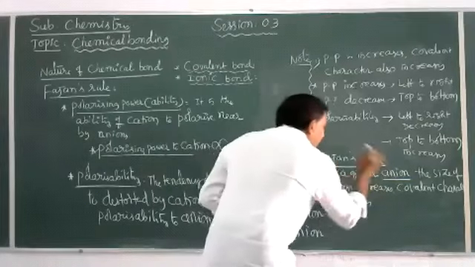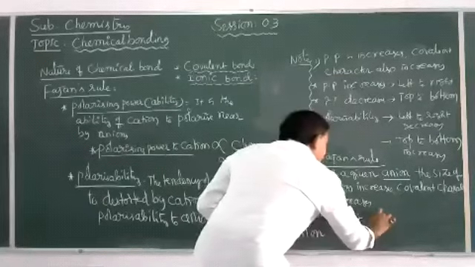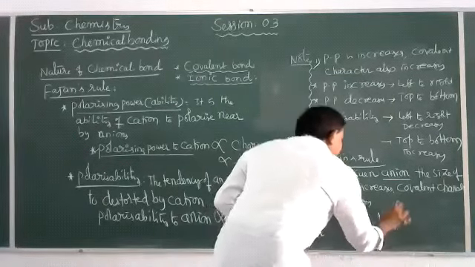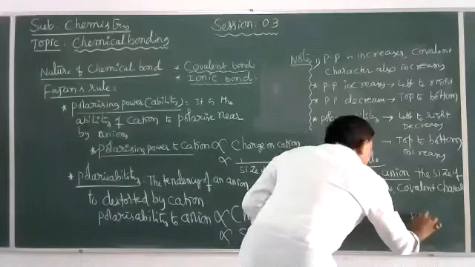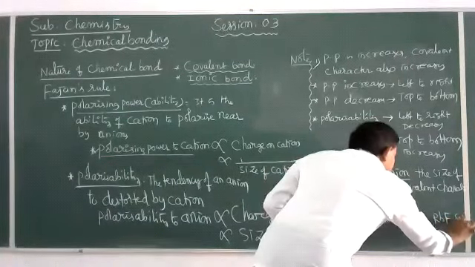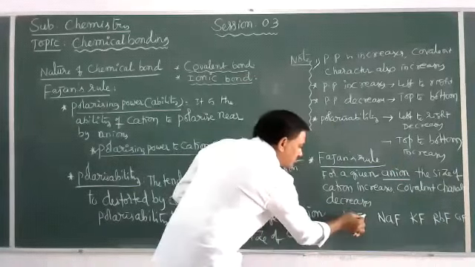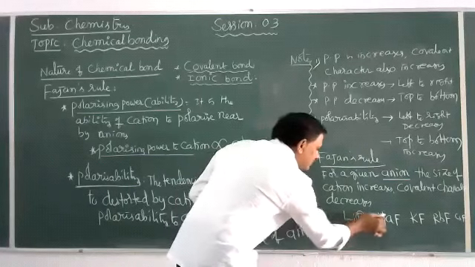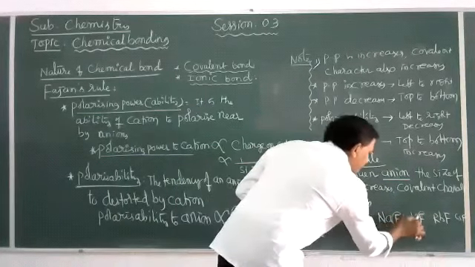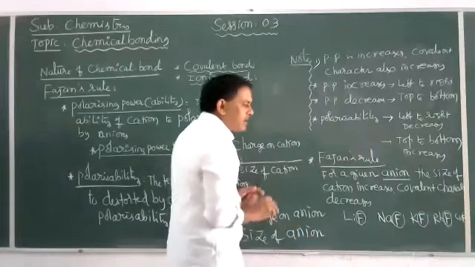For a given anion, I'll take LiF, NaF, KF, RbF, and CsF. For a given anion means the anion is F minus in all cases; the fluoride ion is common.